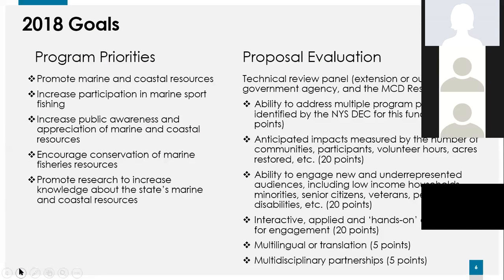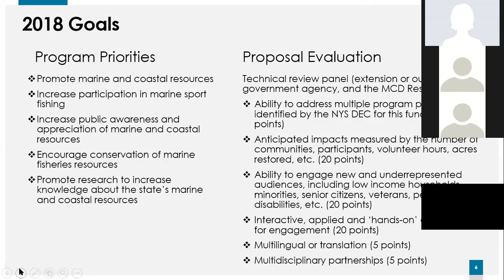So I'd like to quickly review the goals for 2018. For the program priorities, the board has established 5 program priorities that need to be addressed in this first round. I'll just quickly read through the list that's in front of us here. Activities that would promote marine and coastal resources.